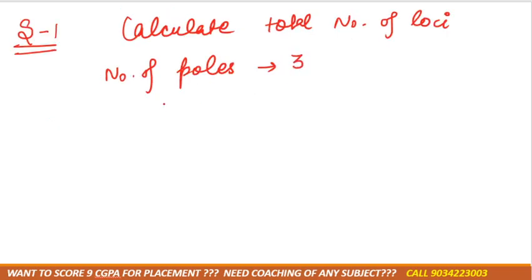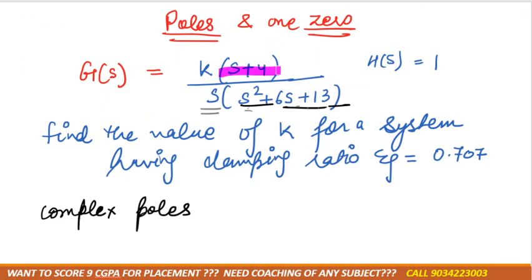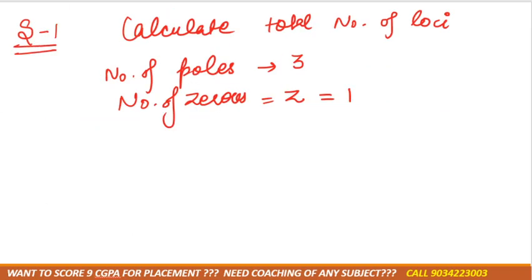So the number of poles is 3, and the number of zeros, denoted by z, is 1. S plus 4 is there, so the zero is s is equal to minus 4, correct? So how many loci are there? That would be p minus z, which means 3 minus 1, that is 2. Okay, so this was our step number 1.